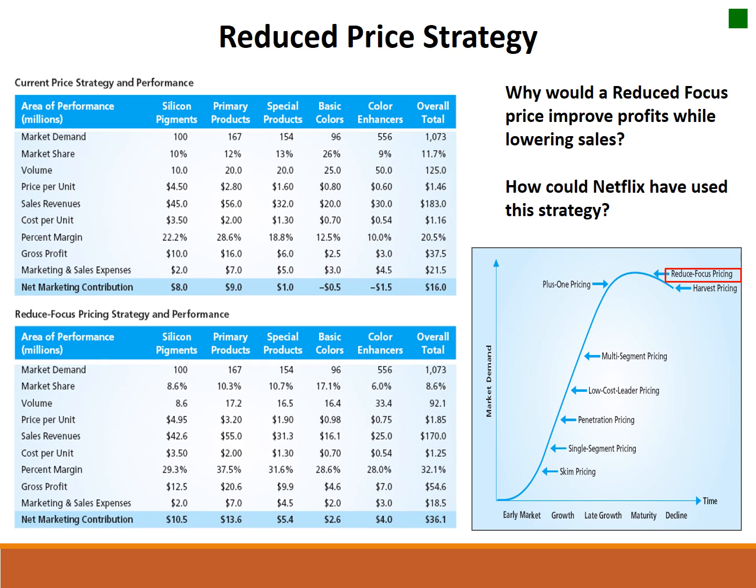So here's a case. In fact, if you look at the current price strategy of this particular firm and the reduced focus pricing strategy, across there, they've got 5 different products that they highlight here. And if we just look at this overall total column, look at the price per unit average.